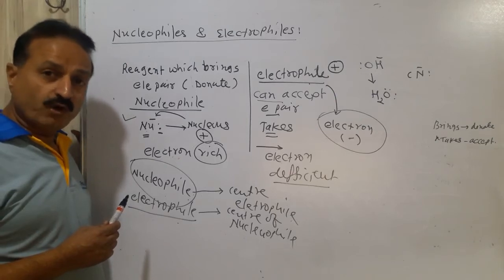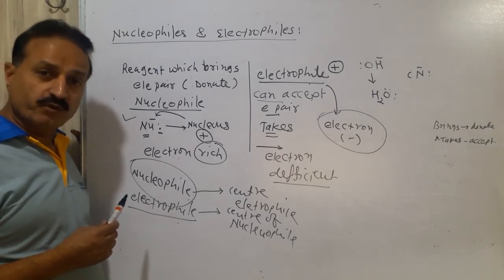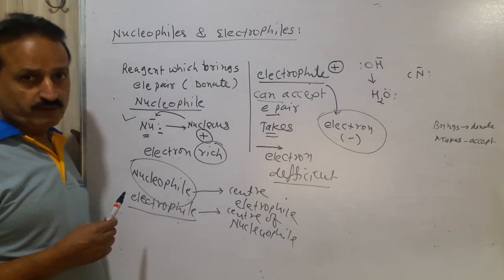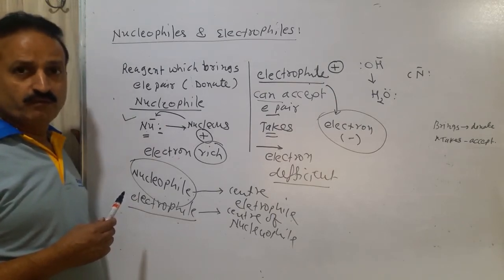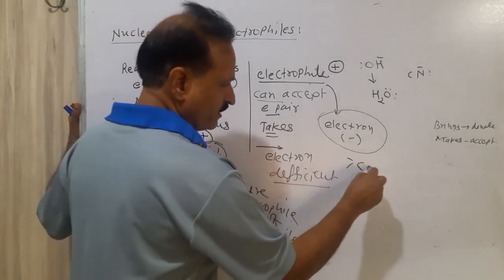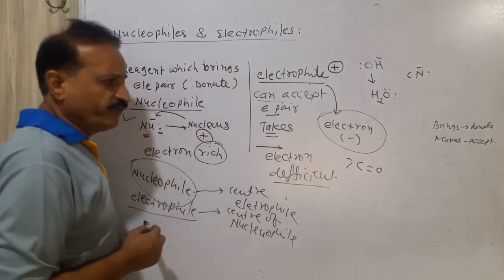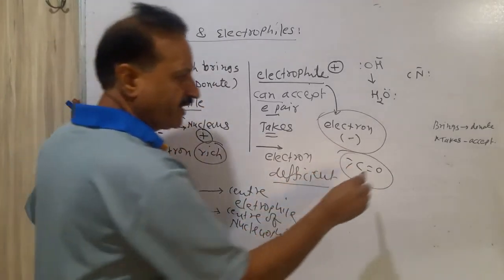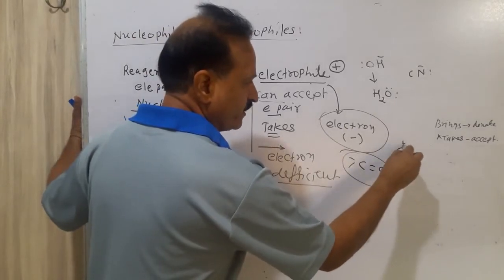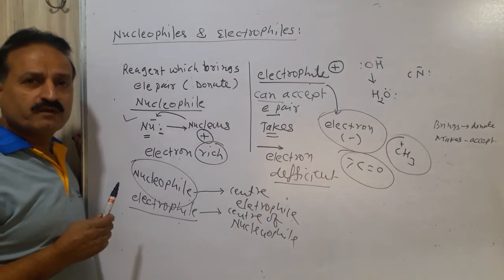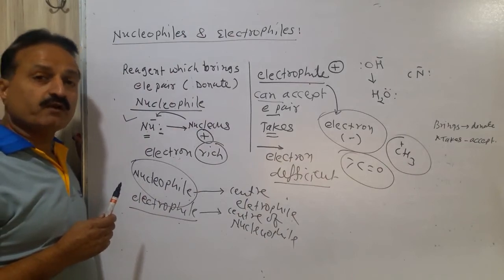H2O is also an electron rich neutral compound, so it is also nucleophile, while carbonyl ion is deficient of electron pair, so it is electrophile, and carbocation CH3 plus is also electron deficient reagent, so it is also electrophile.